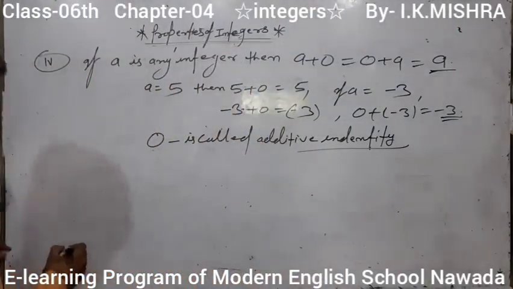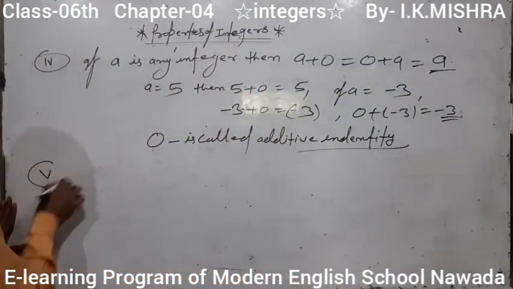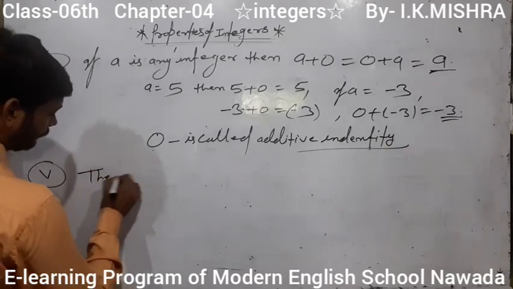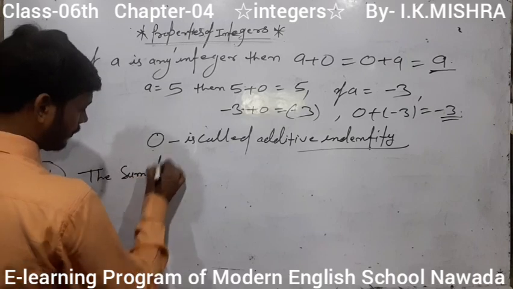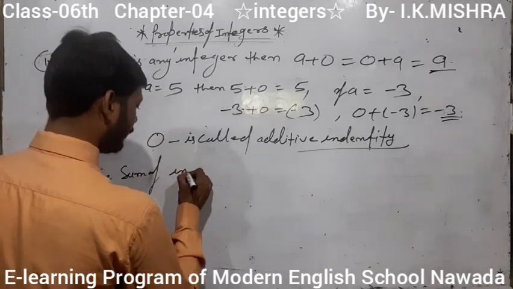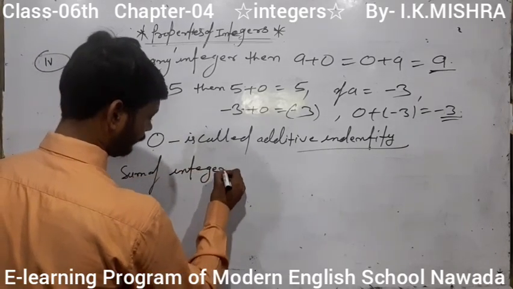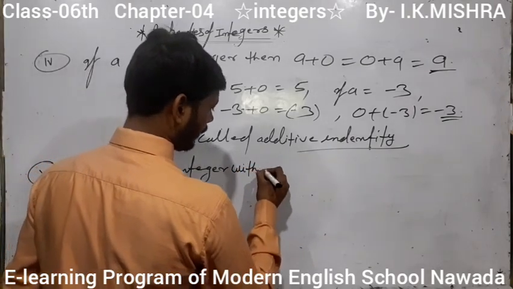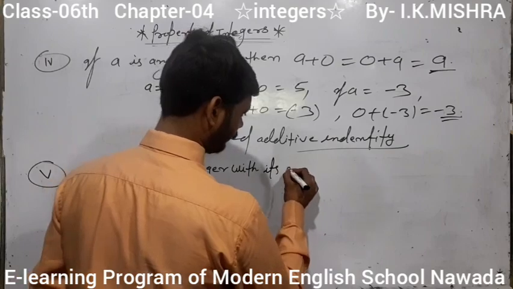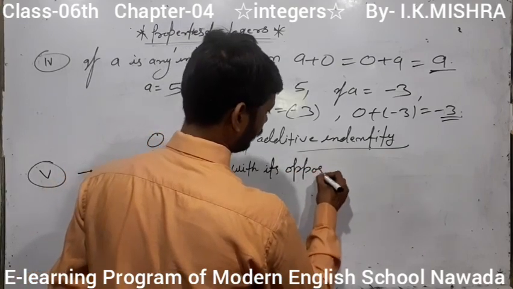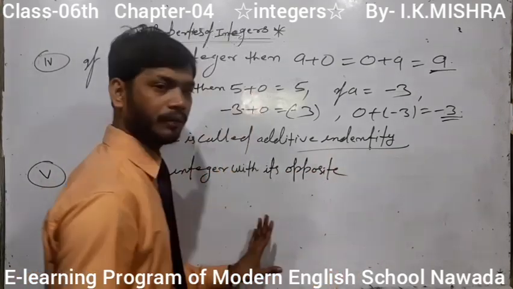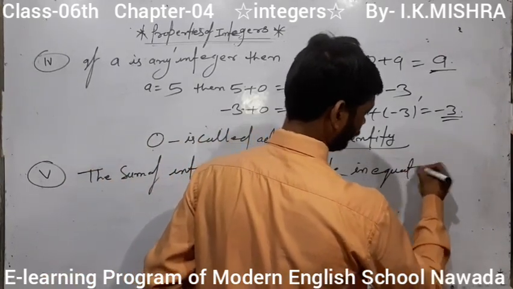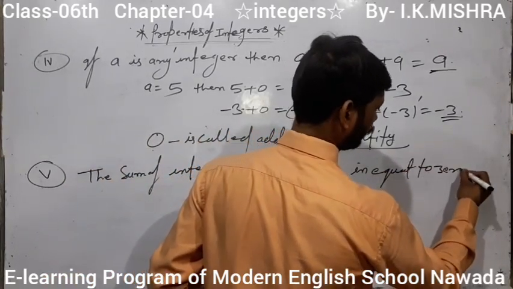Friends, 5th rule: the sum of an integer with its opposite is equal to 0.